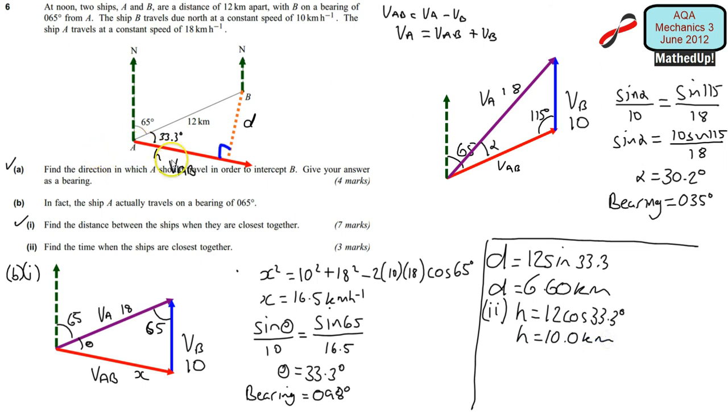Okay, so this distance here from here to here is 10 kilometers. So once our velocity of A relative to B has traveled 10 kilometers, that's when it's going to be at the closest point to B.